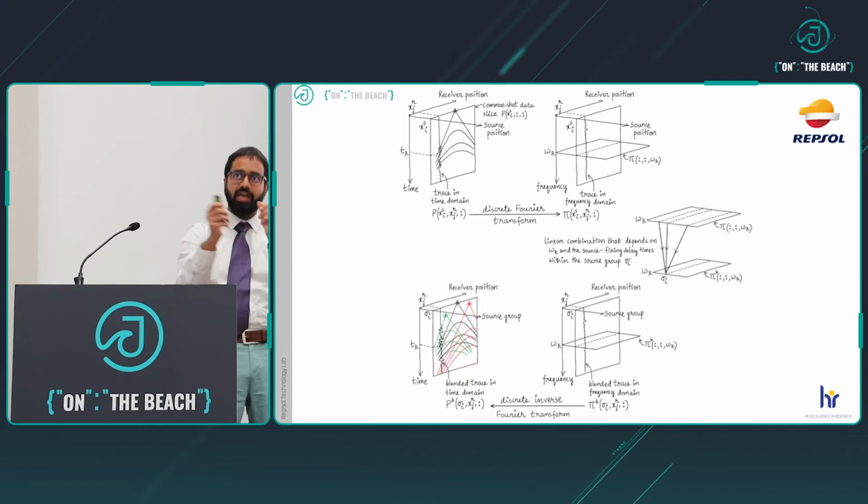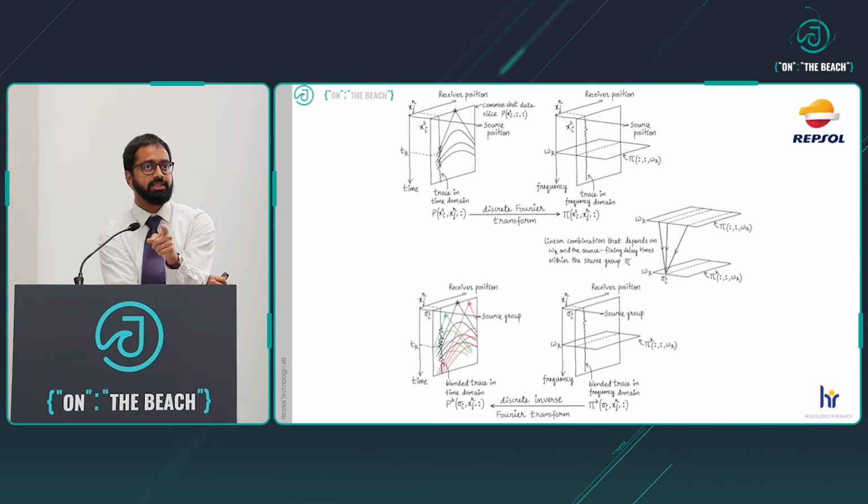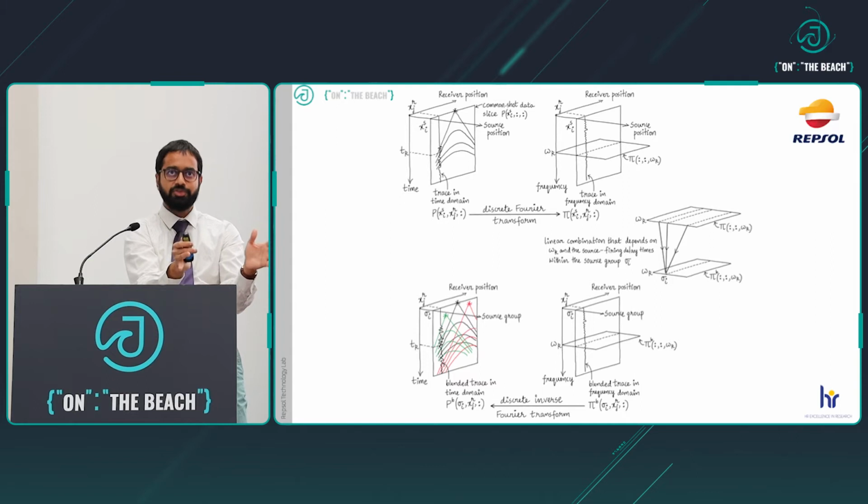I have drawn some cartoons to explain this process. We do a Fourier transform, and the time signals become frequency signals, and the blending operation can be seen as a linear combination of those frequency data, which can be expressed as a matrix multiplication. Whatever I have demonstrated now is what is shown there.